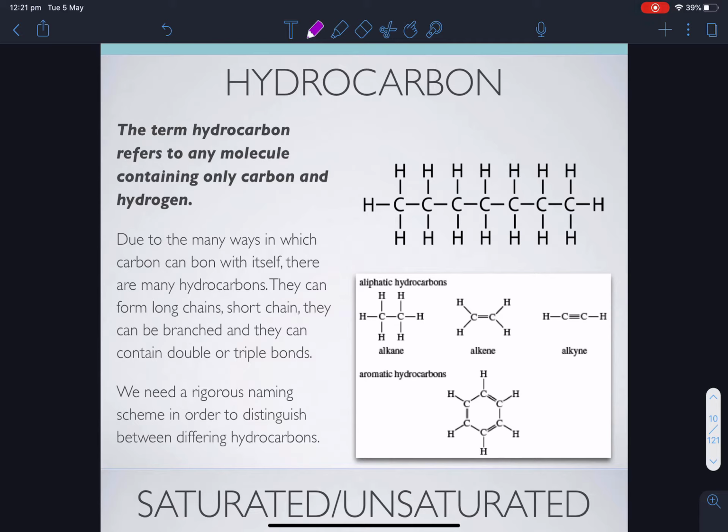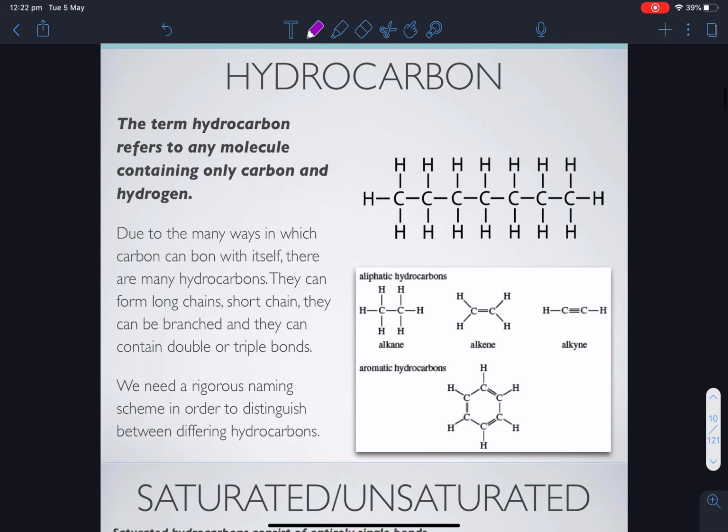So the chemistry wizards, the IUPAC Council, who also name new elements, came together and did a new naming system. It makes it a lot easier, but you can still see with the variety of different molecules that it does have problems. But we'll start with the basics and simple stuff in this chapter.